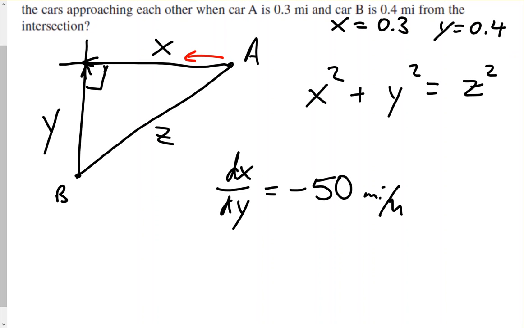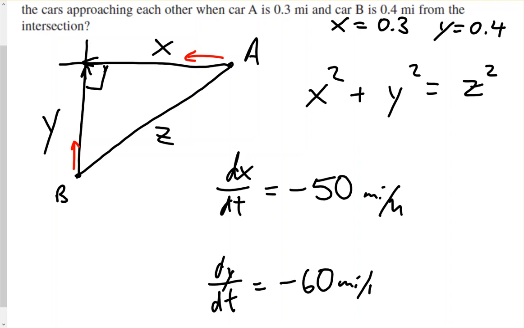Because its distance to the intersection is also shrinking, its rate is also negative. So we have dy/dt is negative 60 miles per hour.